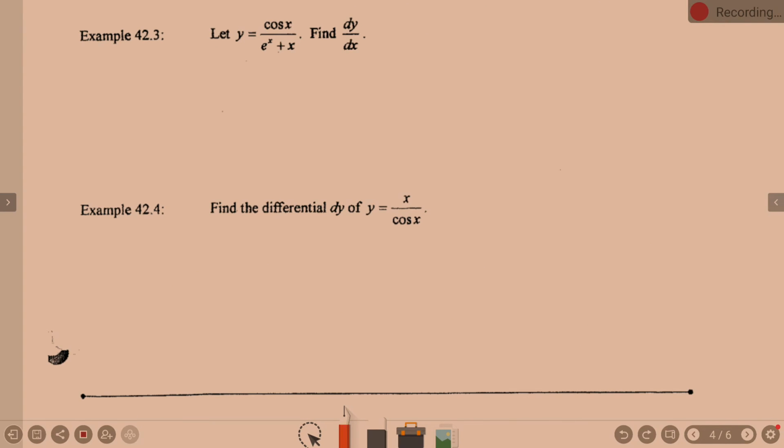Okay, example 3. Let y equal cosine x over e to the x plus x. Find dy dx. Okay, there you go. dy dx equals.